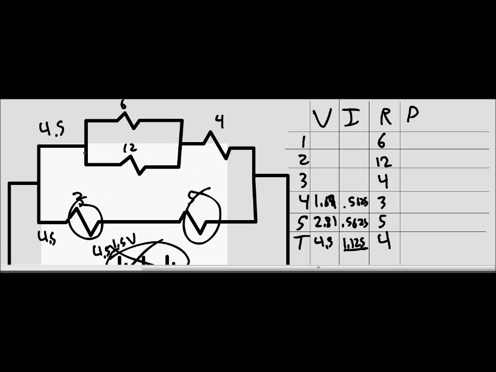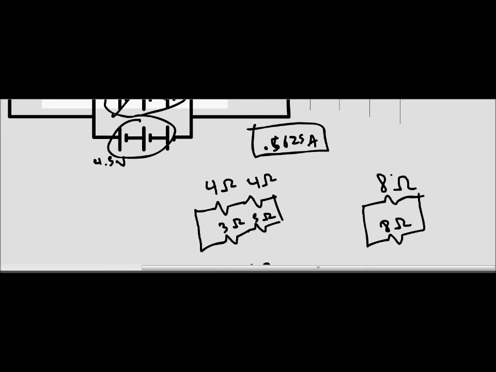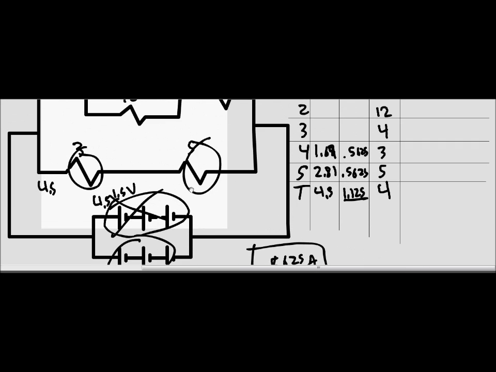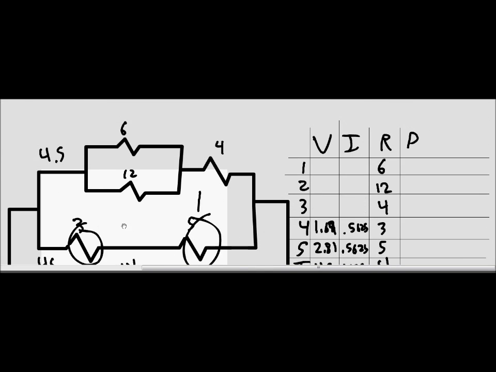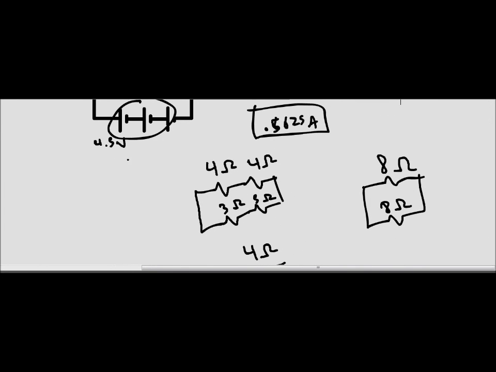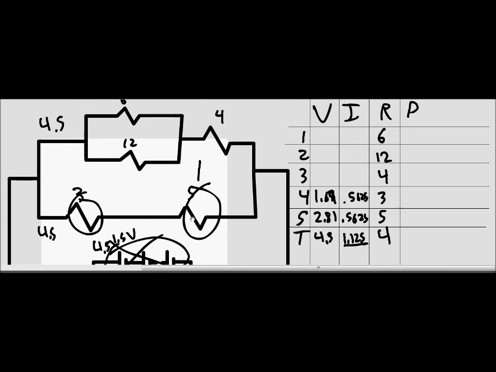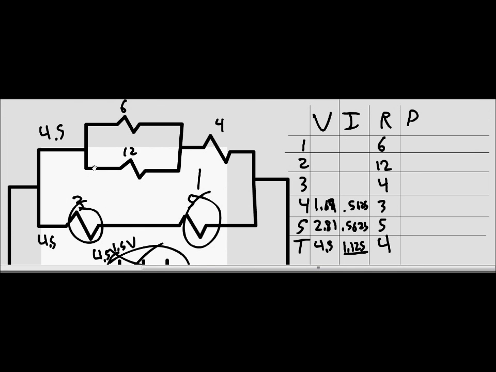And up here with our 4.5 volts, we also have the same current because we can condense it as well to 8 ohms on the top as well as on the bottom. What we can do is find the current across what would be this resistor, which splits into these. So once again, we end up getting 0.5625.